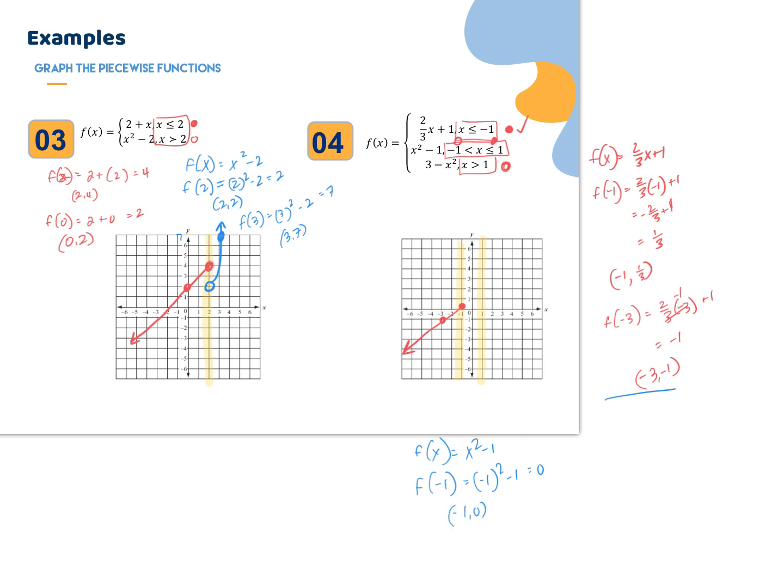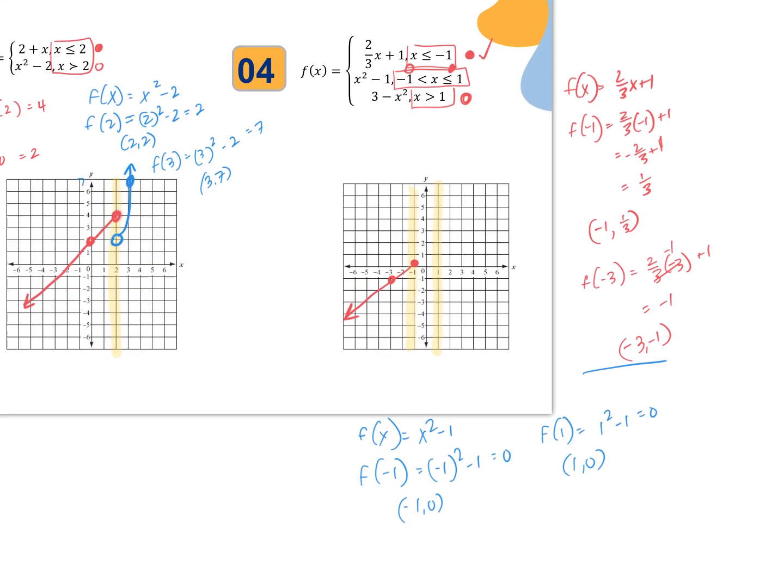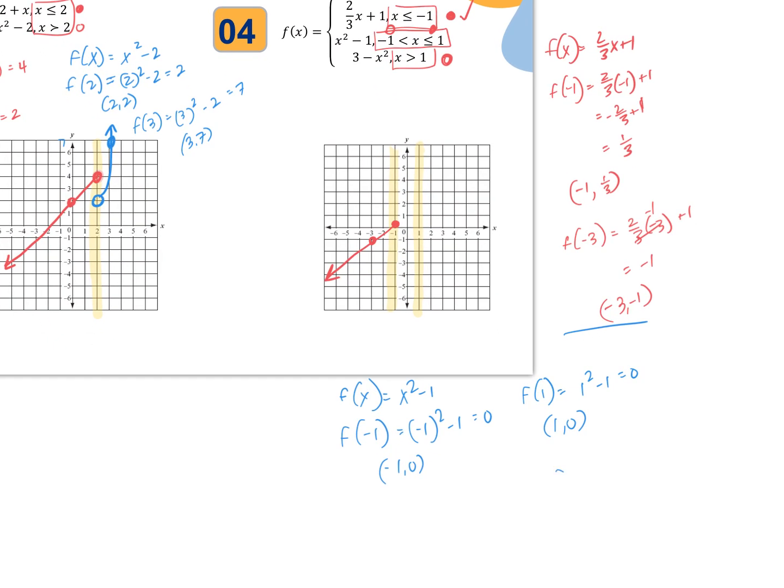And then I'm going to do number 1. So f of 1 equals 1 squared minus 1, which is also equal to 0. So 1, 0. And then I think I should do a number in between negative 1 and 1. So I'll do 0. So 0 squared minus 1, so it's negative 1.